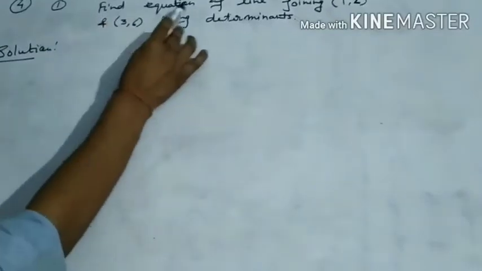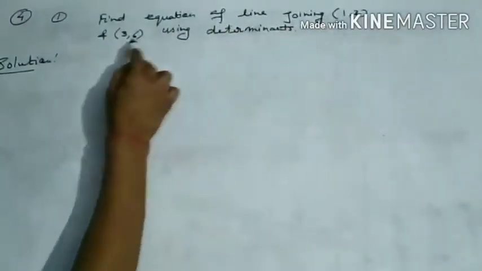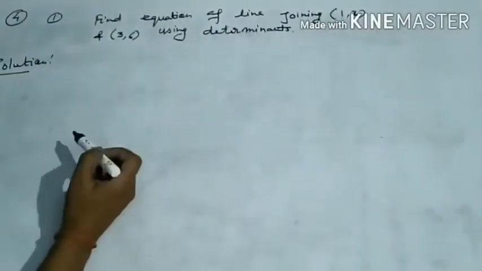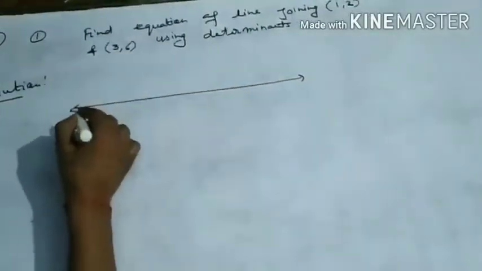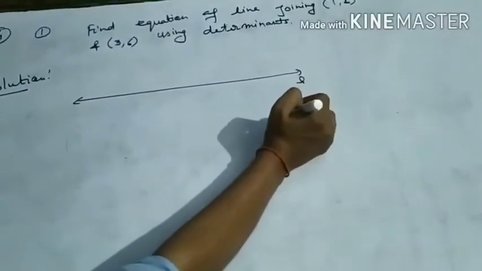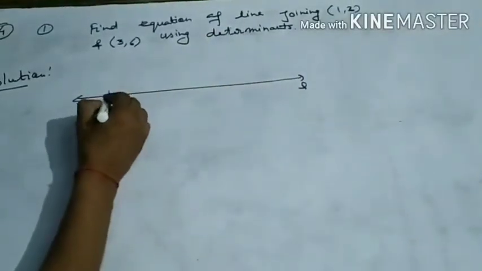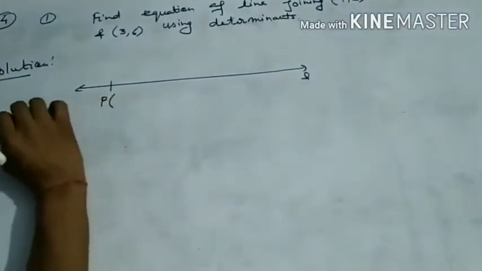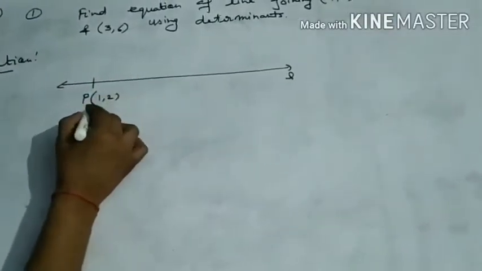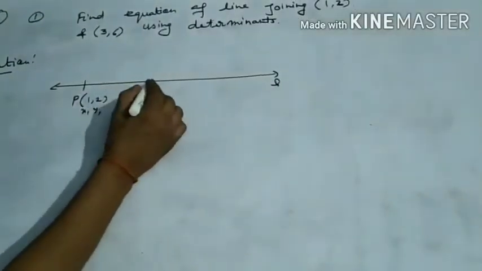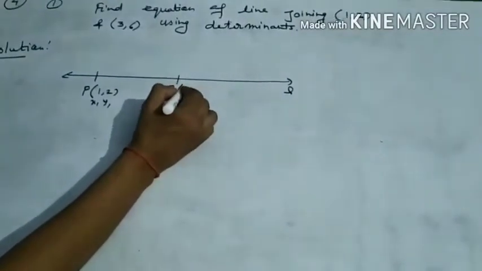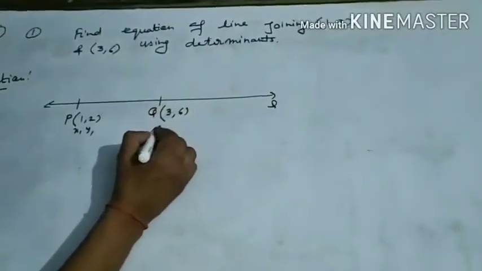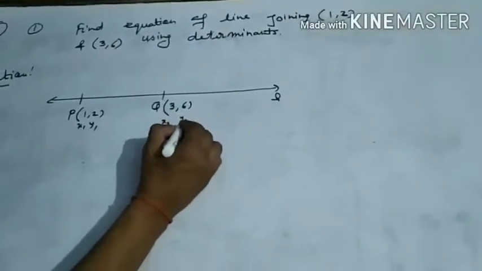Here you have to see, this is problem number 4, first part: find the equation of the line joining this and this using determinant. Suppose this is the line L, and 2 points are given, so suppose this is P with coordinates 1, 2, which we call x1 y1, and another point Q with coordinates 3, 6, which we call x2 y2.